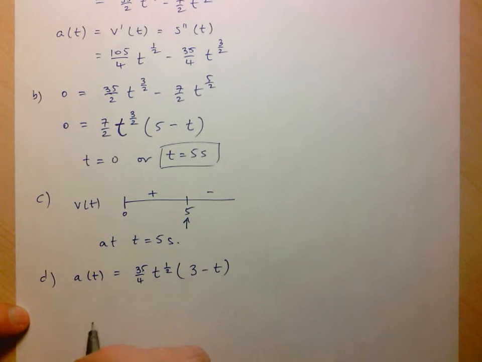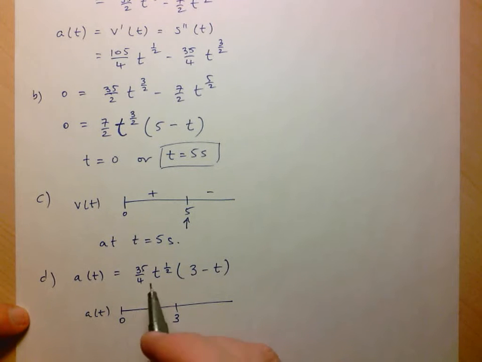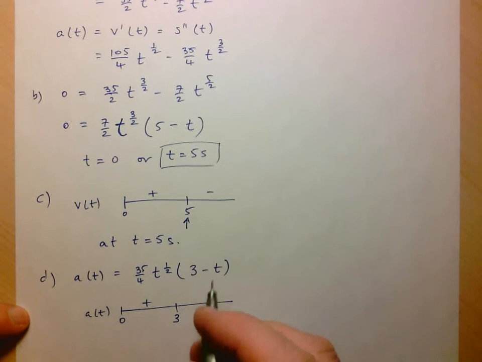So we see that the acceleration function can only change sign at 0, though that's the starting point so it's not going to change sign there, or at 3. And here, if I test a value, t equals 1, positive, positive, and if I put t equals 4, positive, negative.